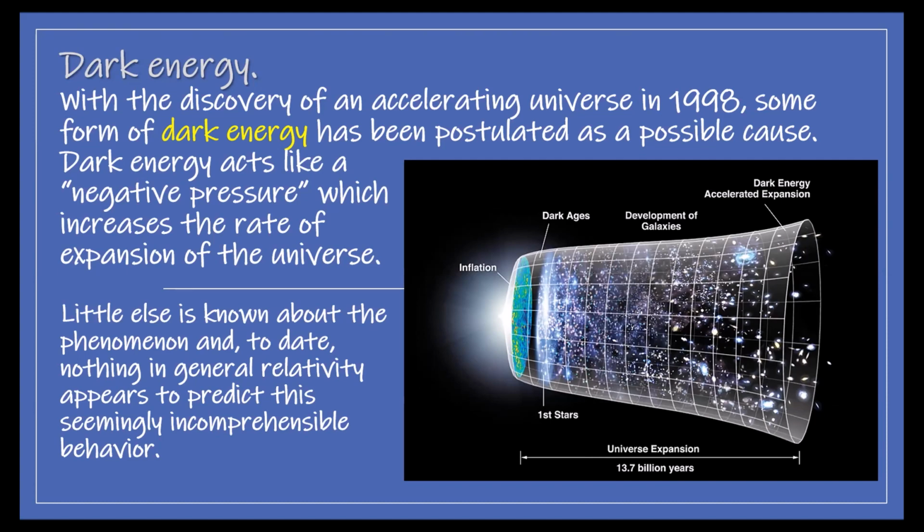In 1998, that was an enormous discovery that would lead to a couple of Nobel Prizes. And for 24, 25 years now, we've been trying to figure out what dark energy is. And I can tell you in three words exactly what it is. We don't know.